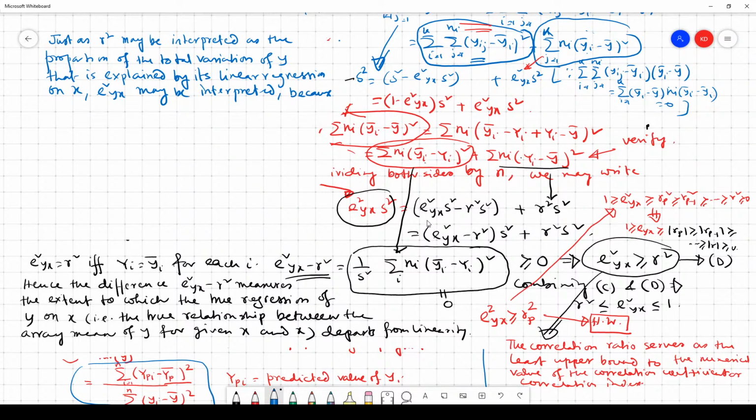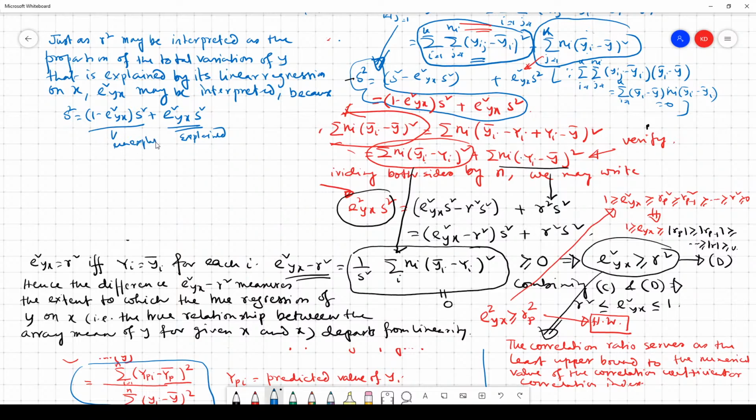consider this part. I already mentioned this thing. This part s square can be written as 1 minus e square yx s square. This is the unexplained part. I repeatedly told this thing. E square yx s square is the explained part, and this is the unexplained part.